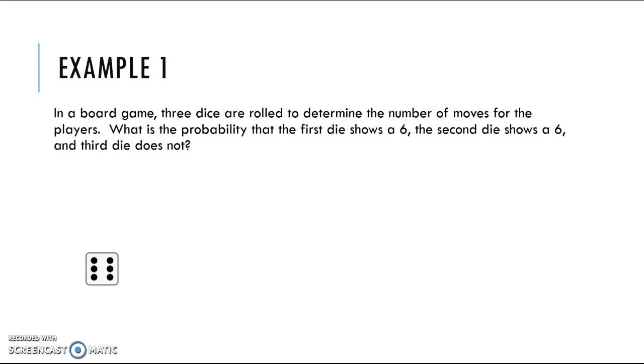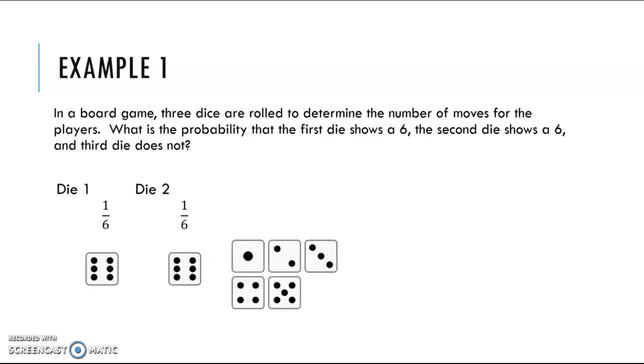The probability of rolling a 6: there's one 6 on a 6-sided die, so it's 1 out of 6. Rolling the second die, getting again a 6, is 1 out of 6. And then rolling a third die that is not a 6, we now have options 1, 2, 3, 4, and 5 out of 6, so it's 5 out of 6.